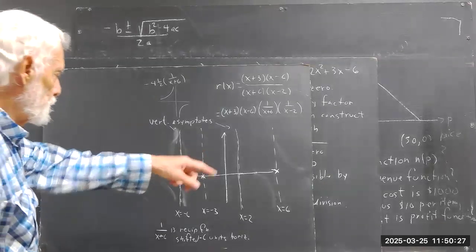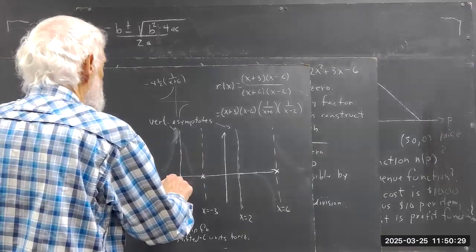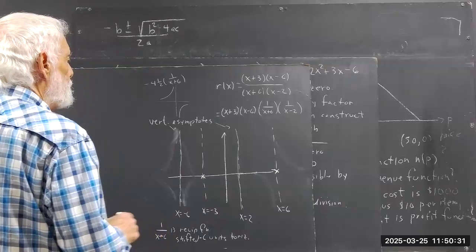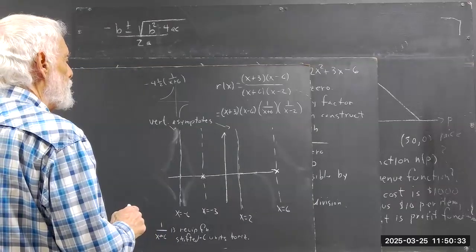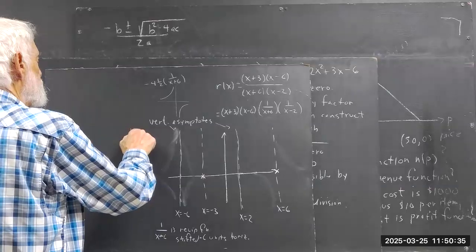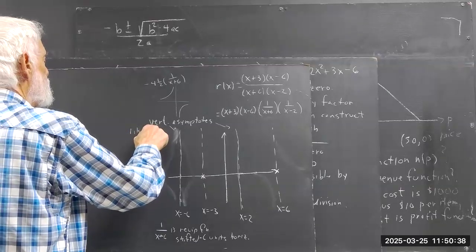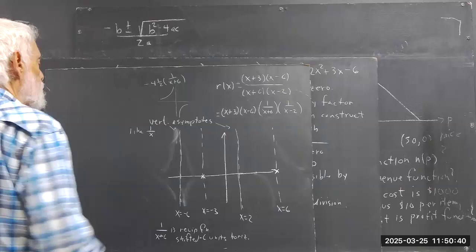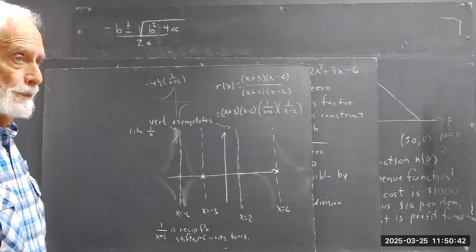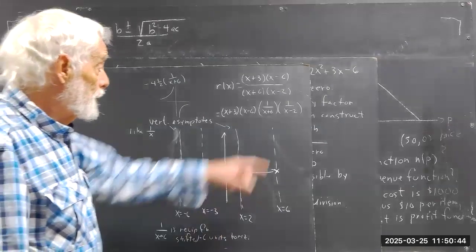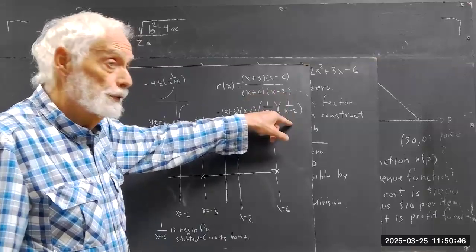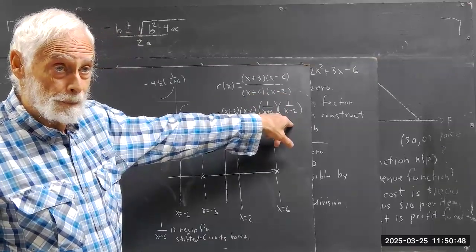Say we got vertical asymptotes here and here, like the reciprocal function, because this is a shifted reciprocal function, and this is a shifted reciprocal function.